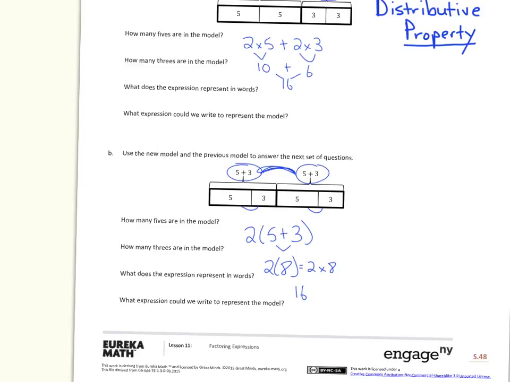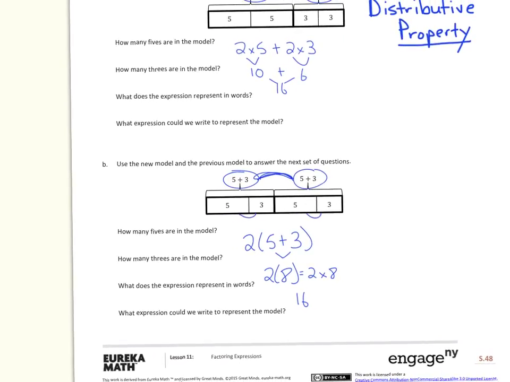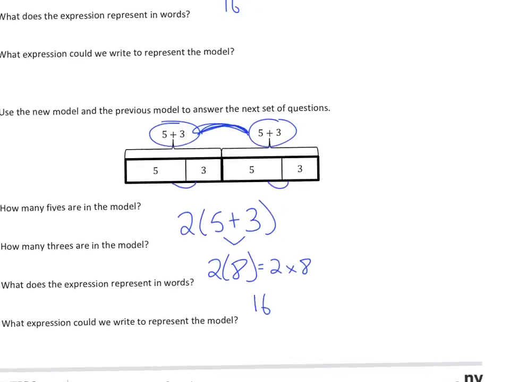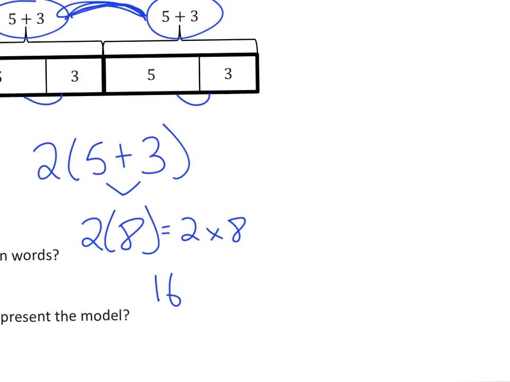Now, how are they equivalent in using the distributive property? That is beneficial, is easy to see when we put them together like this. We're going to say that these equal 2 times 5 plus 2 times 3, which was from our model above. And I want you to notice that 2 parentheses 5 means 2 times the 5.